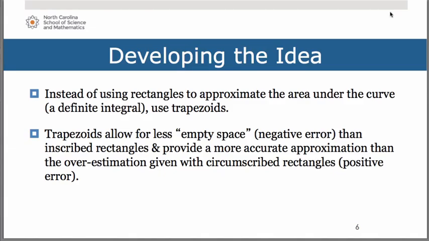Trapezoids allow for less empty space, less negative error than what we encountered by using inscribed rectangles, and also less error than the positive error that resulted from using circumscribed rectangles. So let's develop the idea.